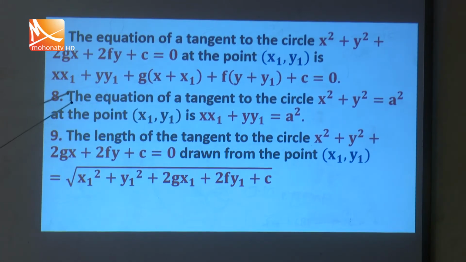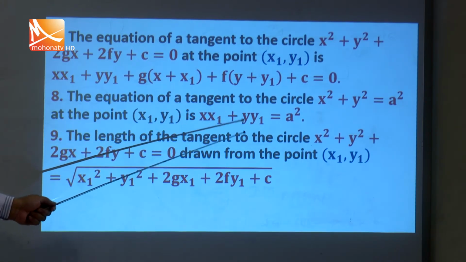Then the equation of a tangent to the circle x square plus y square equals a square at the point (x1, y1) is x x1 plus y y1 equals a square.